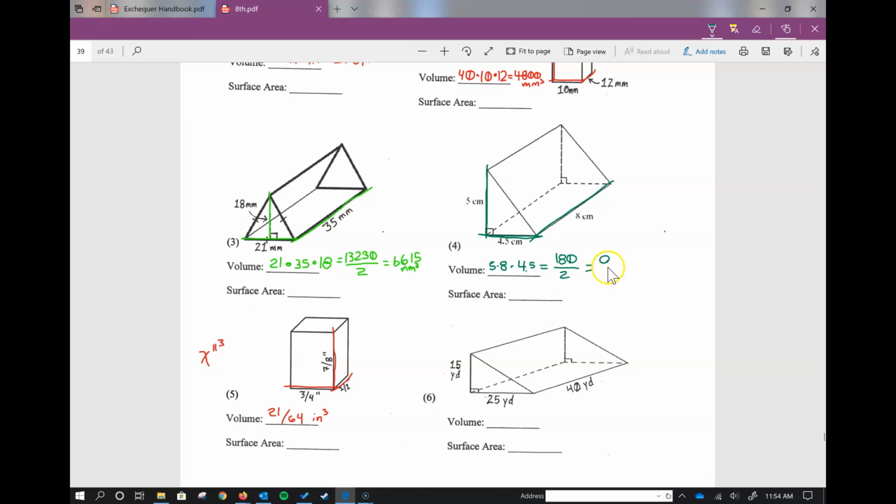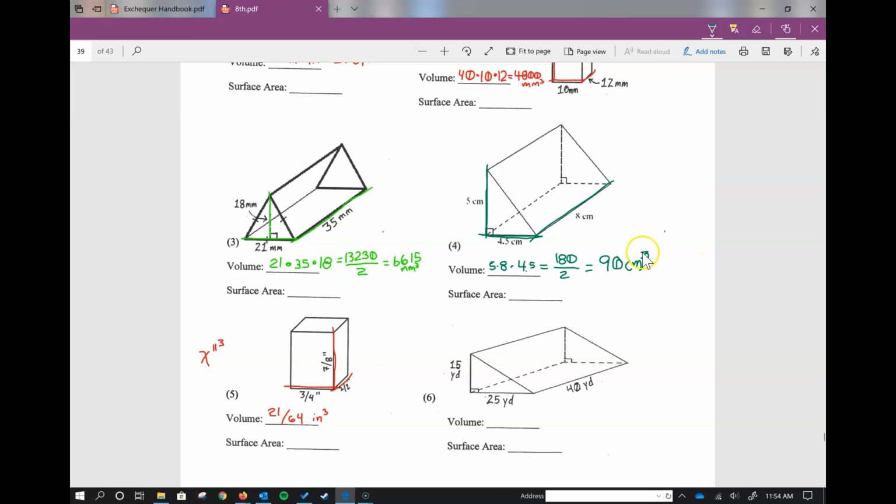Our volume is then 90 centimeters, because these are all measured in centimeters. Since it's volume, oops, my mistake, to the 3rd power. Why don't I erase that and make that a little easier to read? It'll be centimeters to the 3rd power.